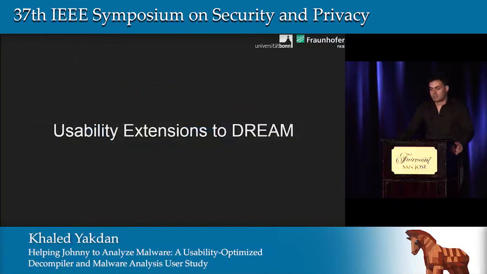So the first step in designing our usability extensions was to identify the key readability problems in decompiler-generated code. And for this, we talked to several malware analysts to identify the main readability issues they have when analyzing decompiled code, and we also analyzed the decompiled code generated by Dream and by the industry standard Hex-Rays.